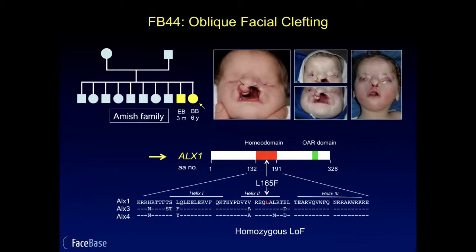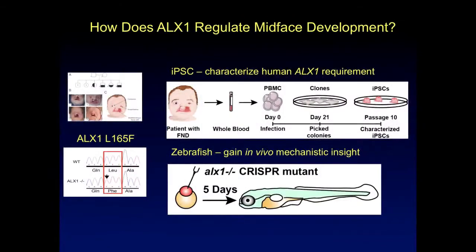Next slide. So here, another approach we've taken in the lab is to have complementary models so that we can use iPS technology to derive neural crest cells from the patients and examine the neural crest cells to see if we see a phenotype in culture.